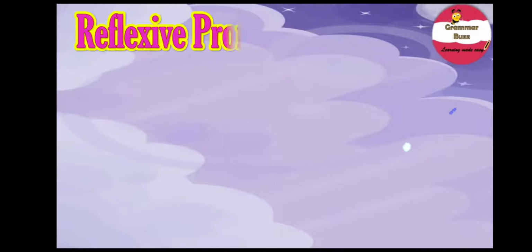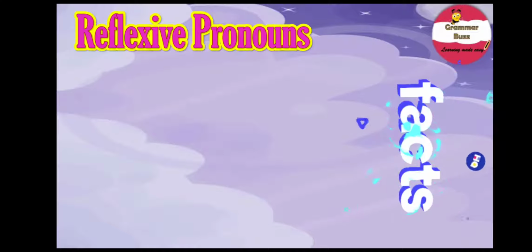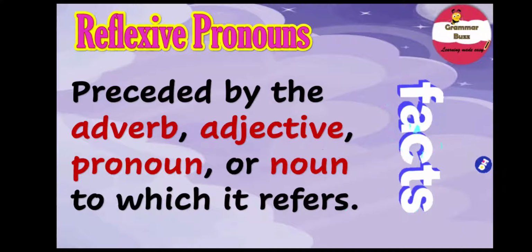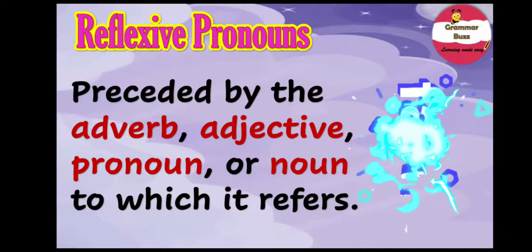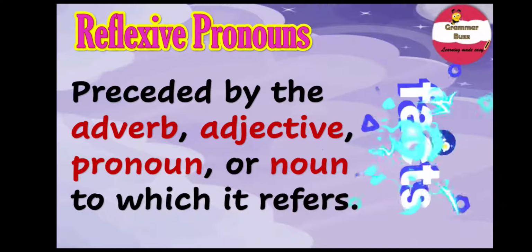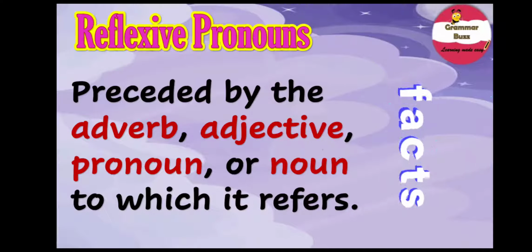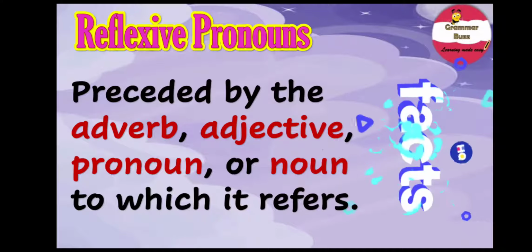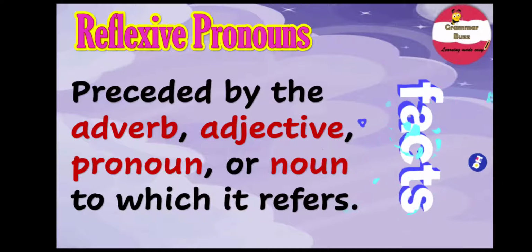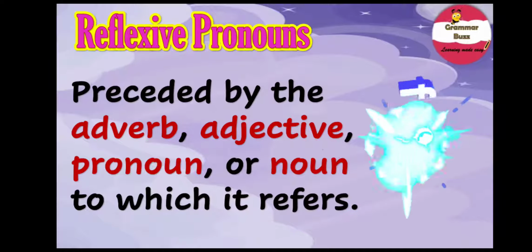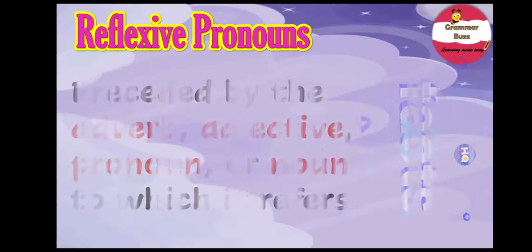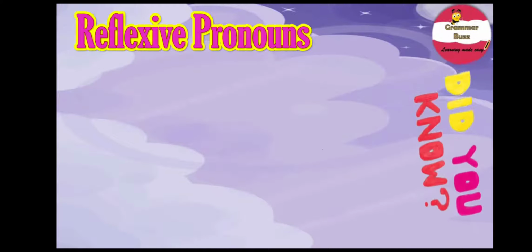Okay, so here is something for us to know, and that is a reflexive pronoun is generally preceded by the adverb, adjective, pronoun or noun to which it refers back. Well, here comes our did you know?